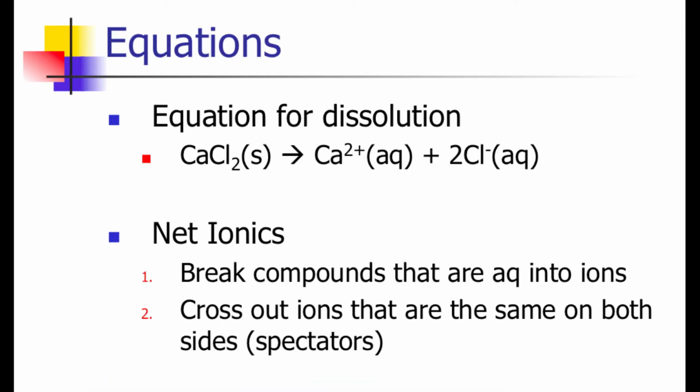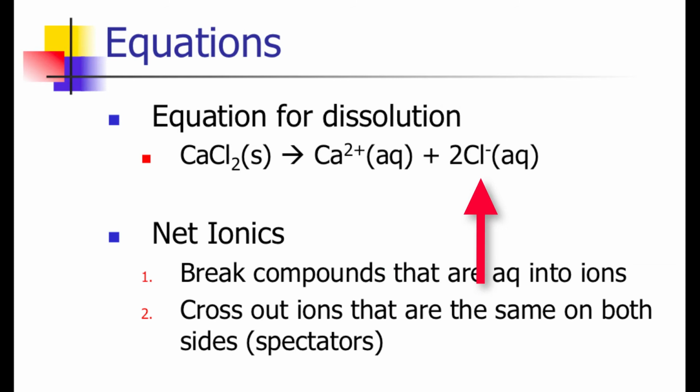When we write an equation for dissolution, if I ever have you do that, it is very, very simple. All you have to do is take the ions and split them apart. So for example here, I start out with solid calcium chloride. And when you put it in water, it forms one calcium ion, shown there, and 2 chloride ions, shown there.